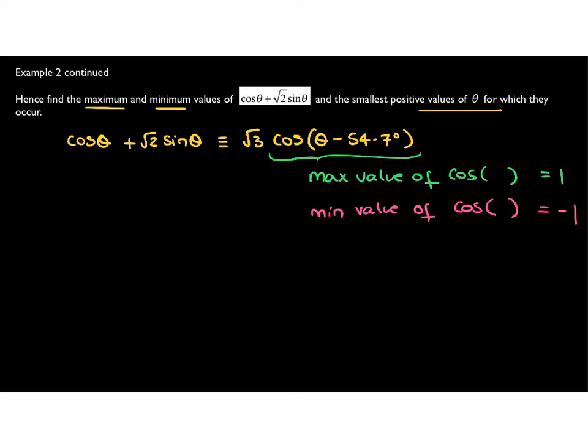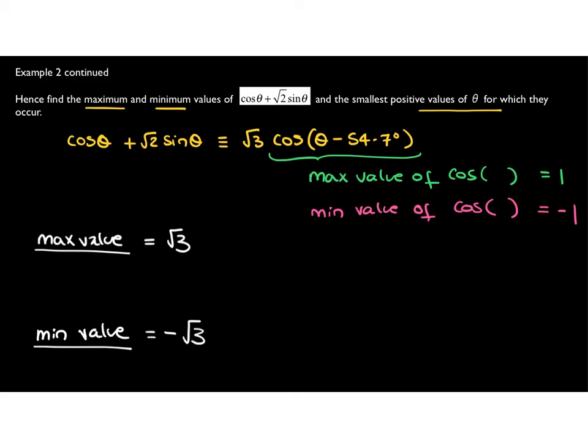So if we're finding the maximum value of the overall function, we can use the right-hand side to do this, because the maximum value is going to occur when cosine takes a value of 1, so the maximum value is equal to root 3. Similarly, the minimum value will occur when the cosine part is equal to -1, so that will give us negative root 3.